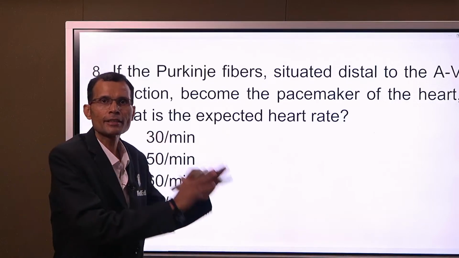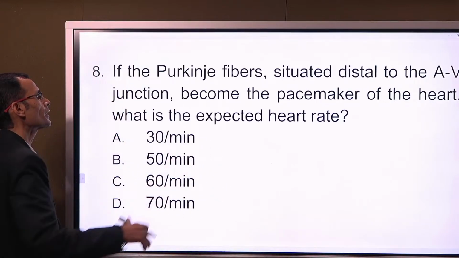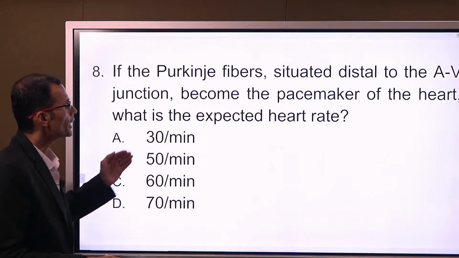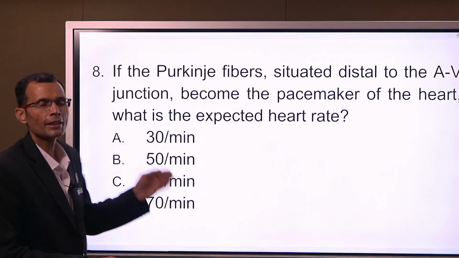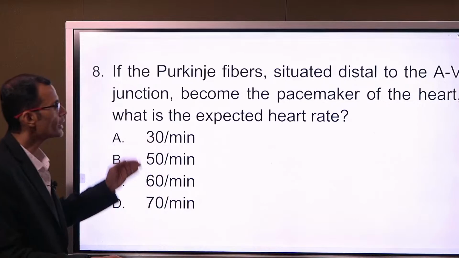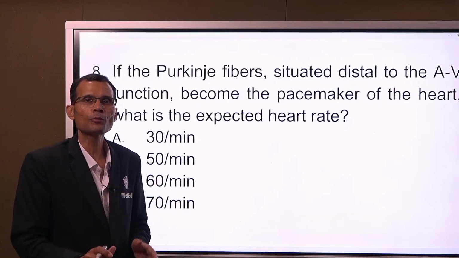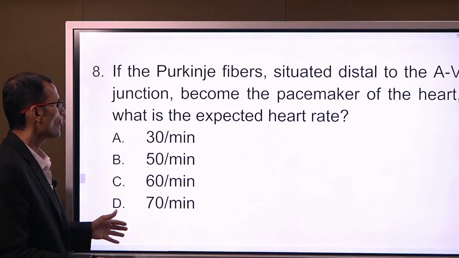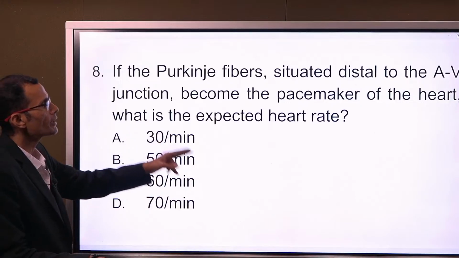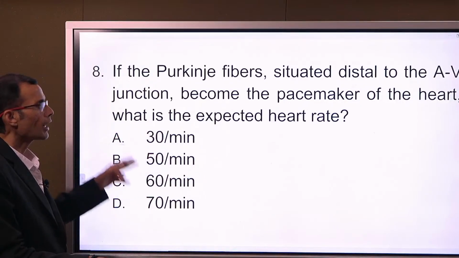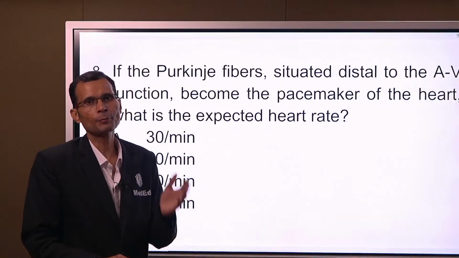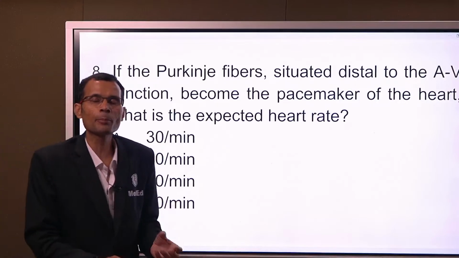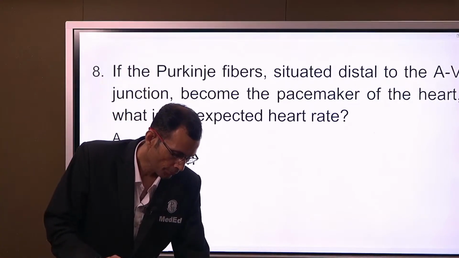That's why SA node is the pacemaker, because of highest rhythmicity, followed by AV node at 60 times per minute, and then if AV node fails, there is Purkinje fiber. Purkinje fiber has got intrinsic rhythmicity of about 20 to 40 per minute, and therefore if the Purkinje fiber becomes the pacemaker, then the expected heart rate would be about 30 beats per minute. Why is that? Because that is the natural excitability of the Purkinje fiber.